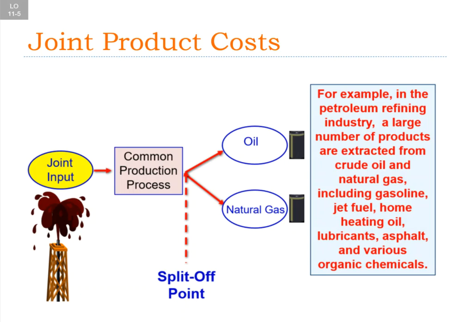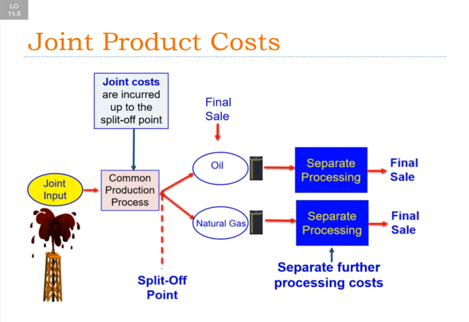A third method we're going to consider is the fact that both of these products can be refined further. A large number of products are extracted from crude oil and natural gas. They include gasoline, jet fuel, home heating oil, lubricants, asphalt, and various organic chemicals. So we can sell natural gas or oil at the point of extraction or incur additional processing costs and sell these as refined products.